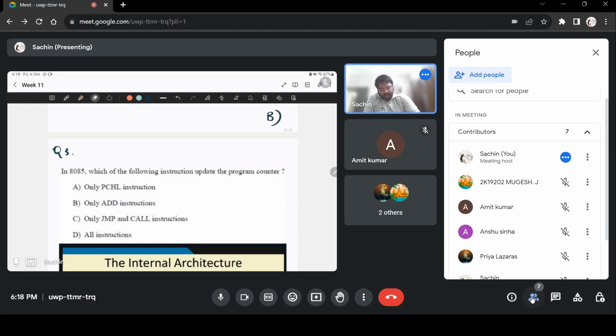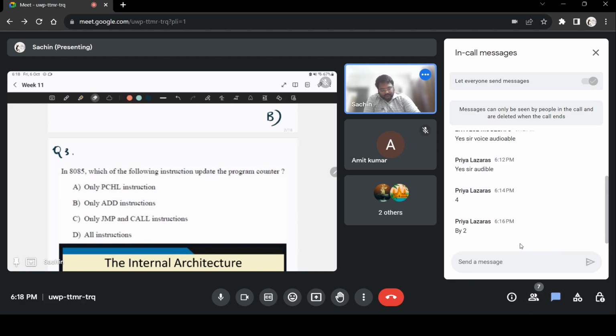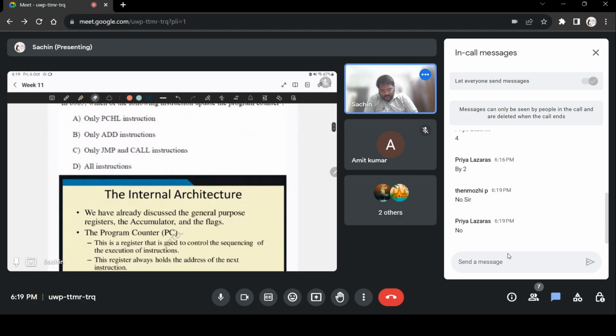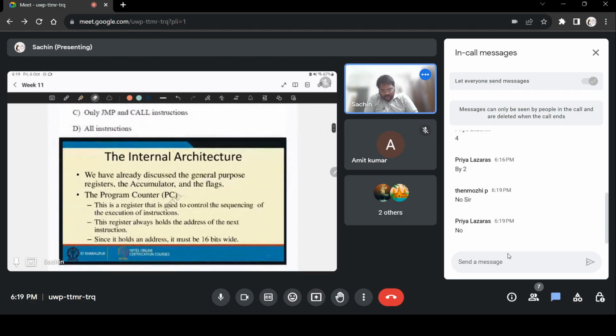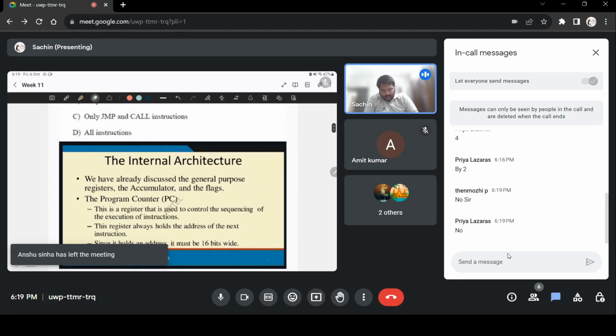Don't know. Well, what is a program counter? Okay, a program counter is used to keep track of the address of the instructions.